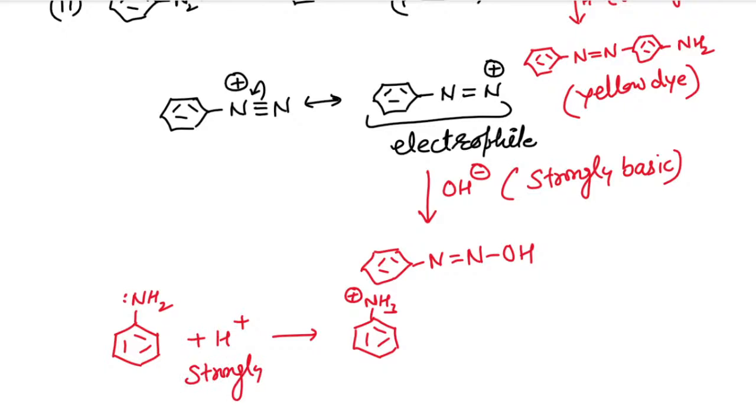So that's why strongly acidic and strongly basic mediums are avoided. To get rid of these problems, we keep the pH weakly basic in case of phenol, and weakly acidic in case of aniline.